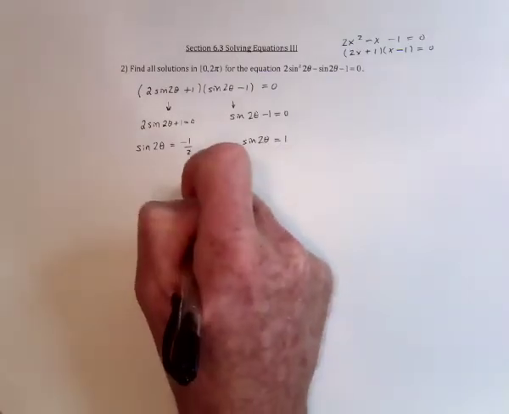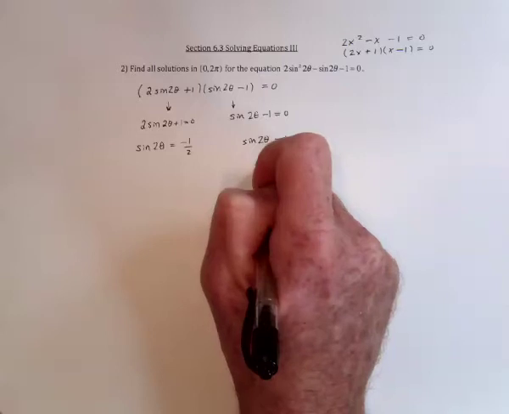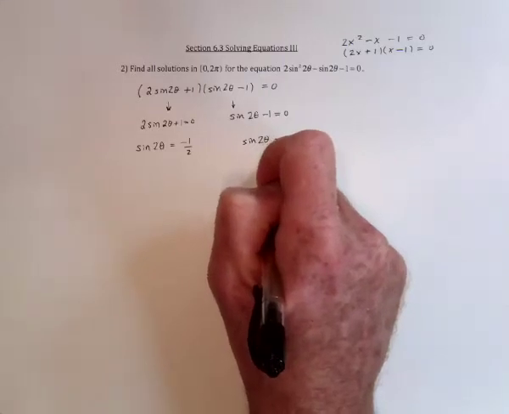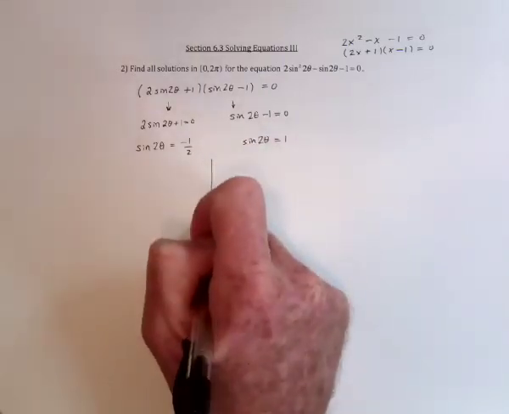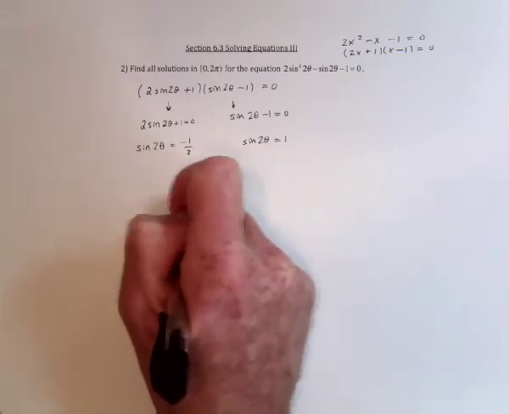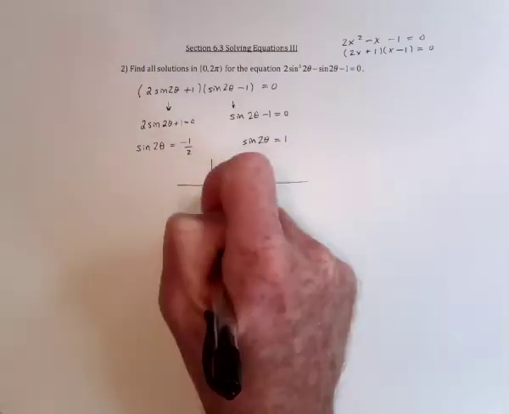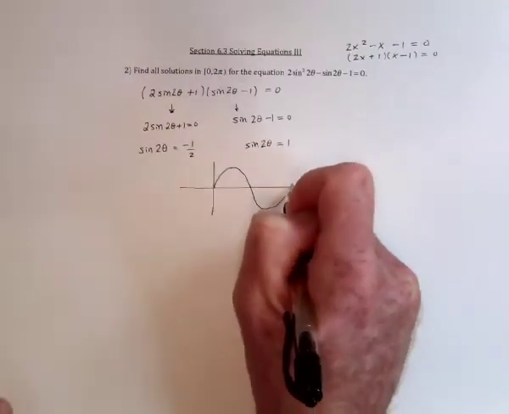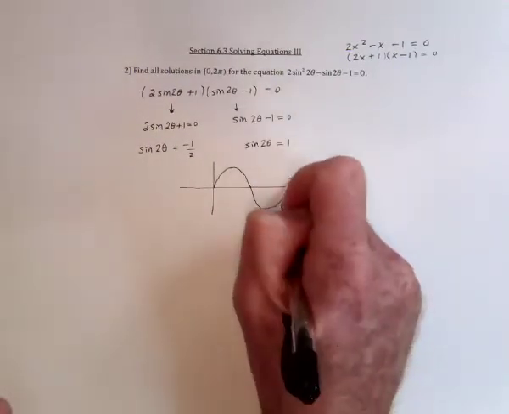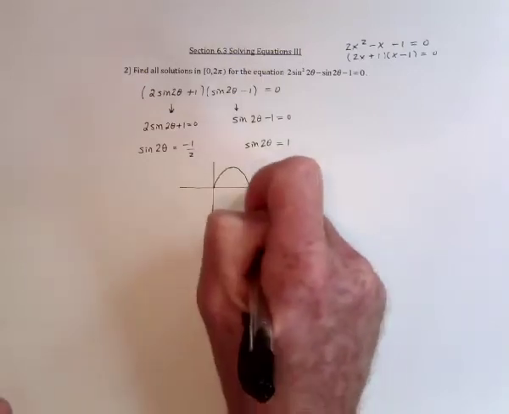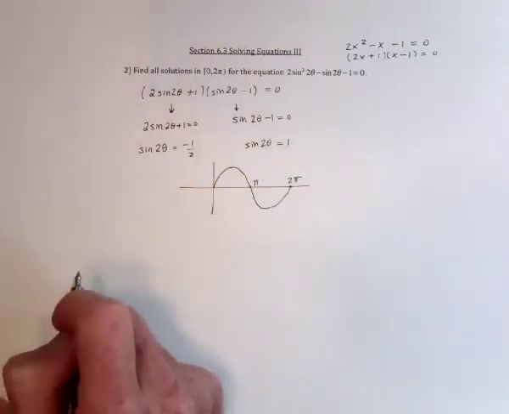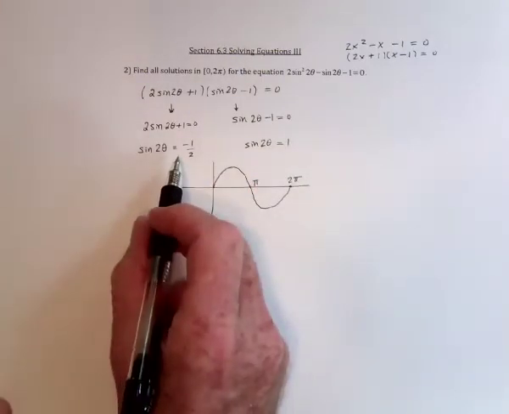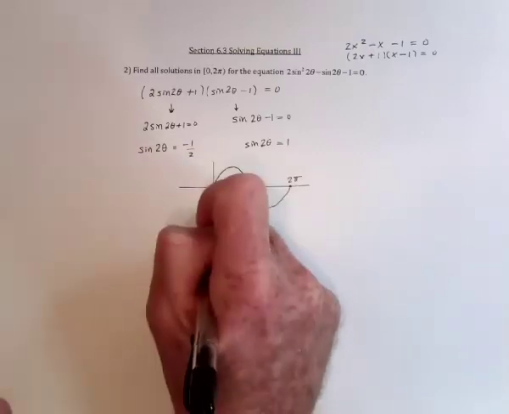So then, I think that I'll just use one graph. They both say sine equals a number, so take a look at the sine graph. And then this one says, when does the sine graph equal negative 1/2?